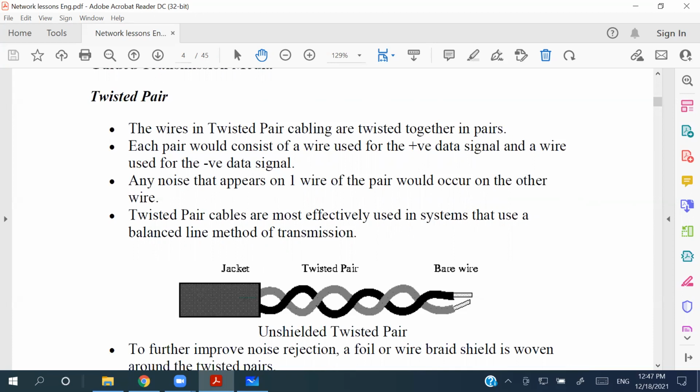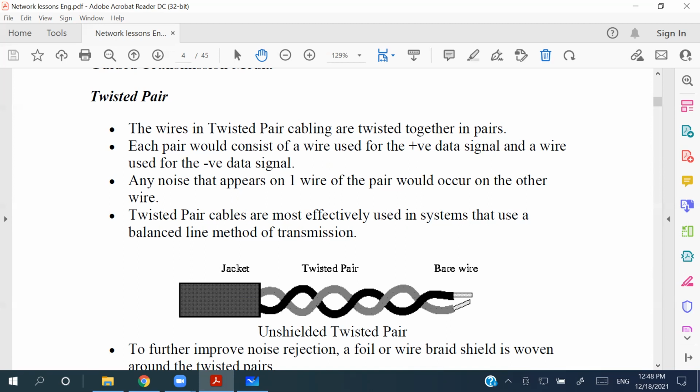The wire they use is called twisted pair because inside the cable there are couples of wires which are twisted. Actually, they have 5 couples twisted, so altogether 10 wires. That's why it is called twisted pairs.